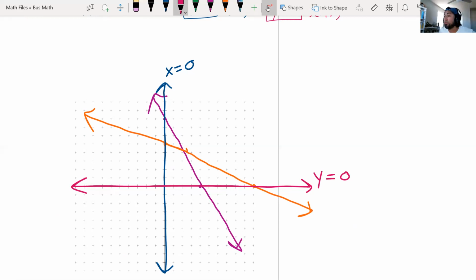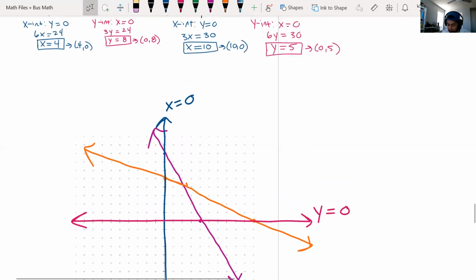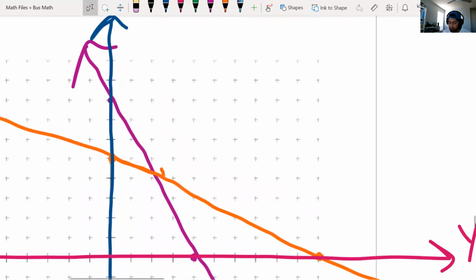Okay, perfect. So what we need to find next is our corner points. So I'll zoom in, and it's where all our lines intersect. So here's a corner point. Let me make that bigger.